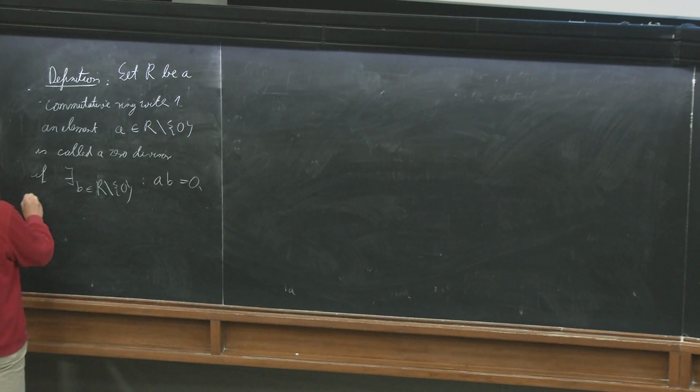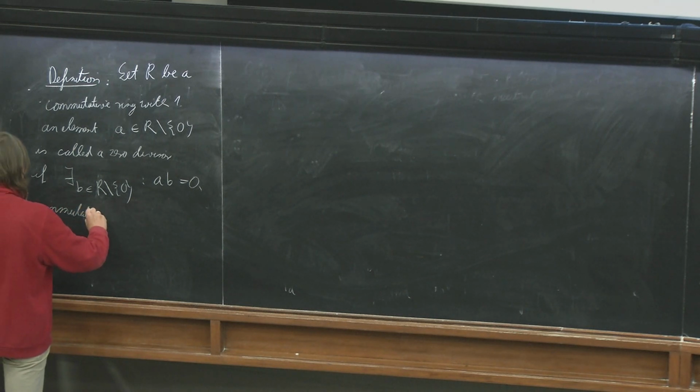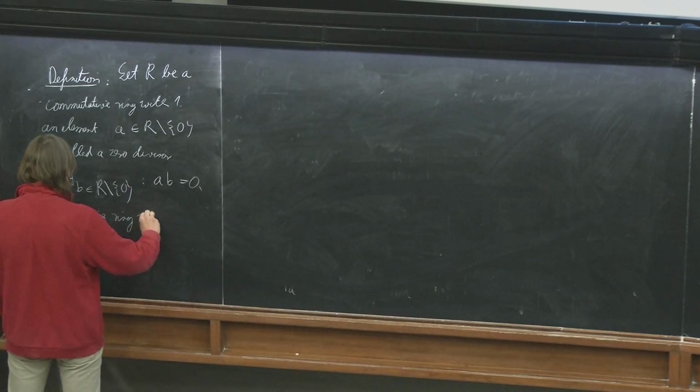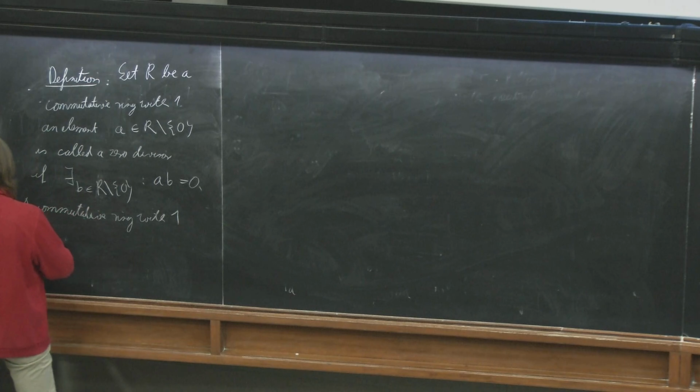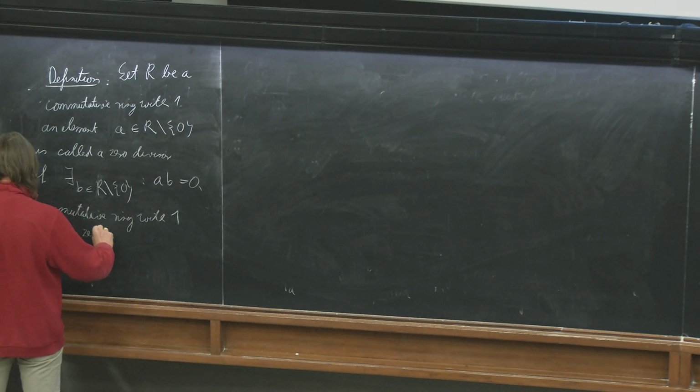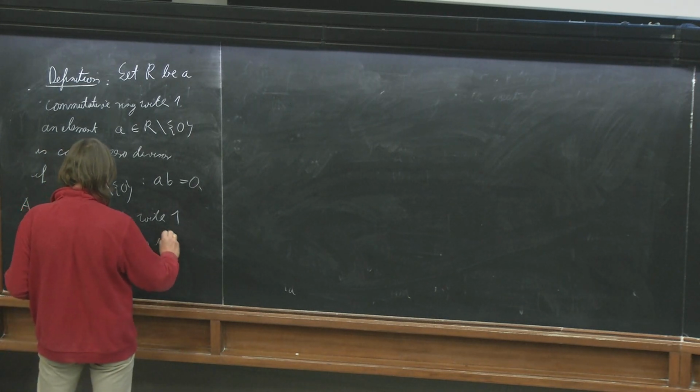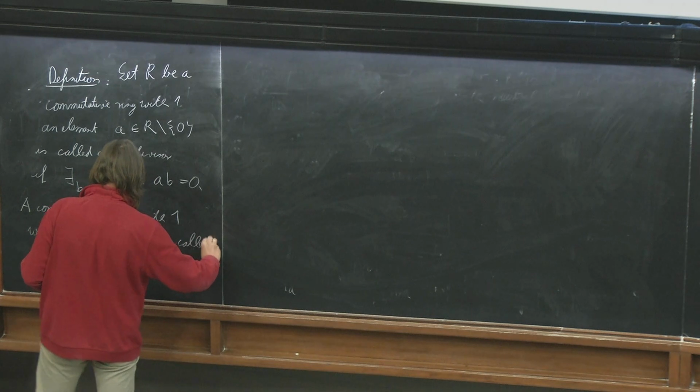So a commutative ring with 1 with no 0 divisors is called an integral domain.